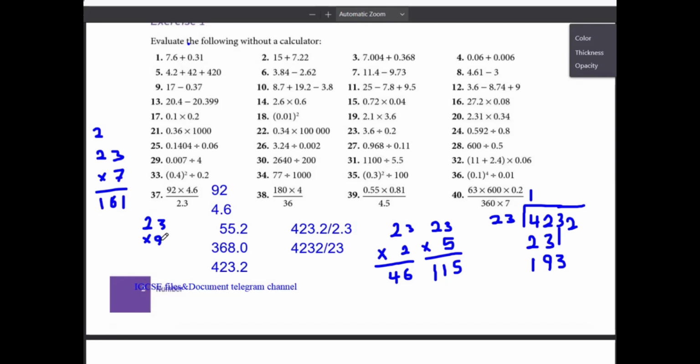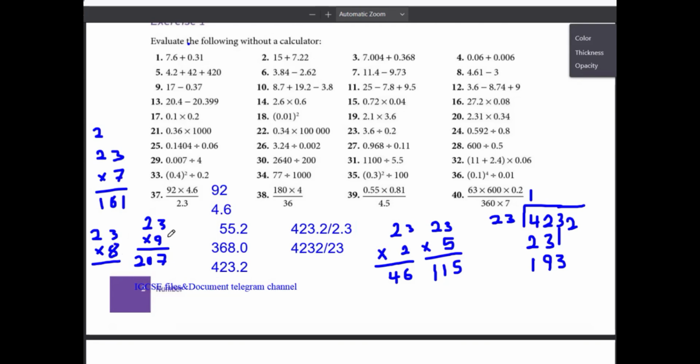Then you say 9 multiplied by 3 is equal to 27 and carry over the 2. And then 9 multiplied by 2 is 18. 18 plus the 2 is 20. So this is too big. So you need to go back to the 8. 23 times 8. Before you take the 7, you need to make sure whether by 8 it is smaller or bigger.